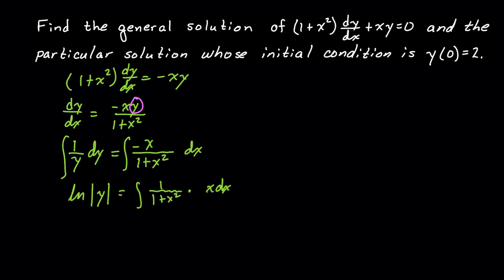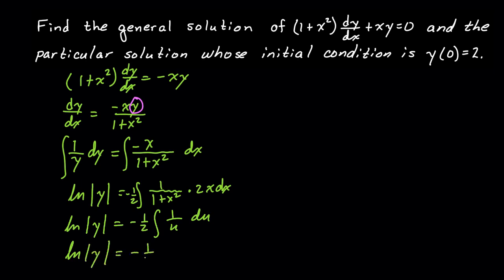So let me go ahead and do that, and I'll make this a negative 1/2 in front and a 2 right here. So now what that gives us is negative 1/2 integral 1 over u du, which is negative 1/2 natural log of u, where u is 1 plus x squared, and then we have a plus c on the end.